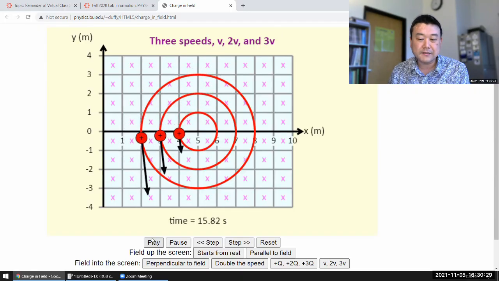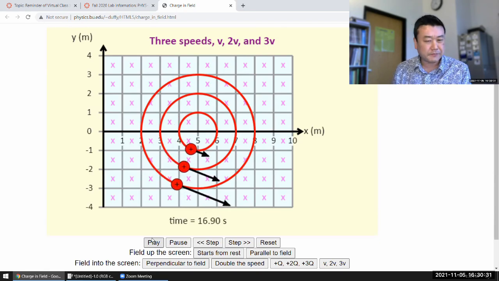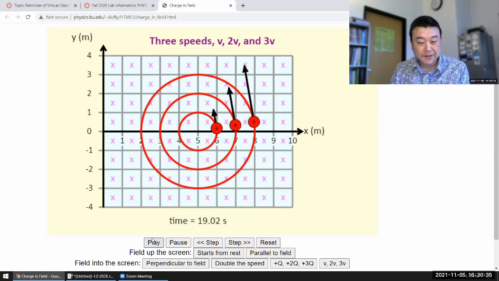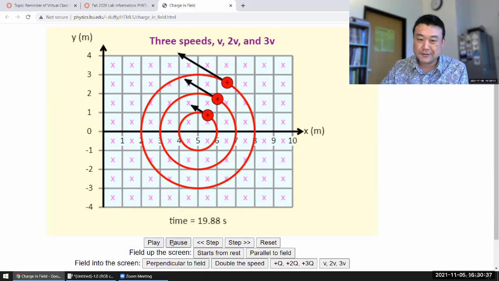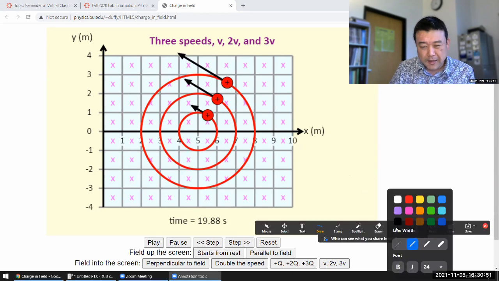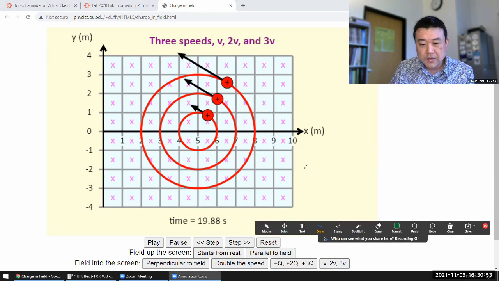And I think it's natural to ask: is this accidental, or is there some way that this must happen? My quick answer, and this is the only reason I'm bringing this up, is yes, there's a reason they have to work this way. I won't go through the whole derivation, but I'll give you the phrase that you can search. I think this is also covered in Portable TA. The phrase you can search is the cyclotron frequency.